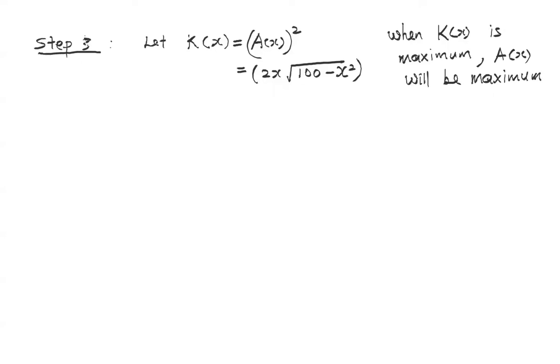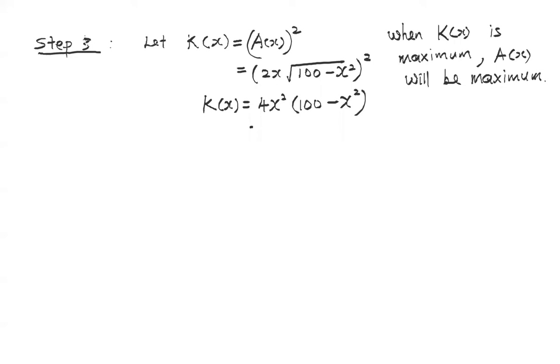When a square of something is maximum, that thing must be maximum so that it can produce a square that is maximum, correct? So I'm based on this concept. Okay, so now if I square this, you look, I will have 4x squared times 100 minus x squared. Am I right? So this is my Kx.